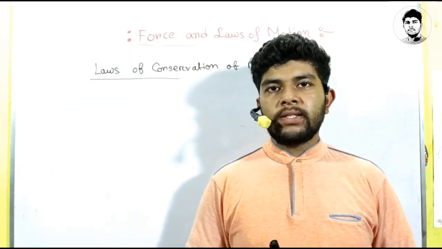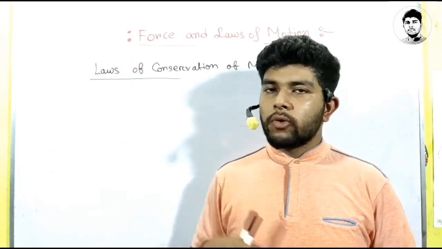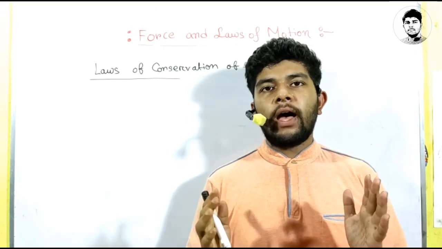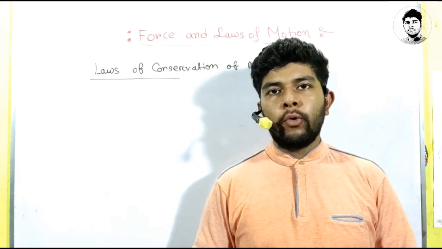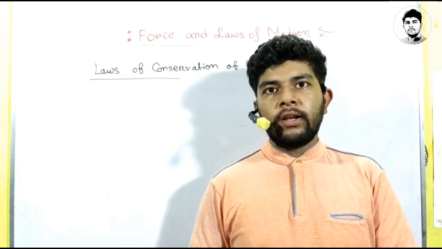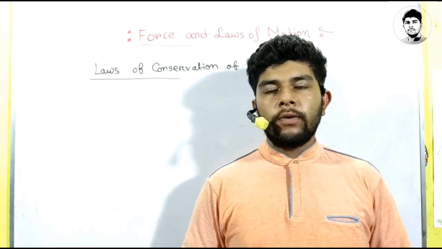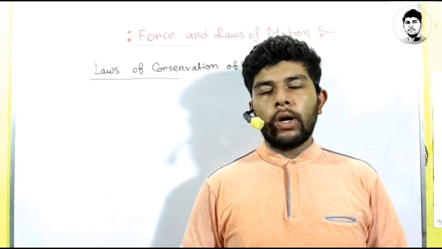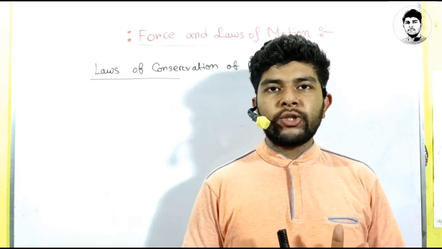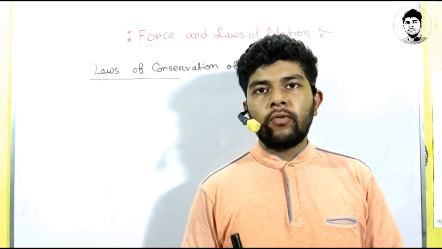So students, let's see an example by which you can understand the law of conservation of momentum. Suppose you have a rubber balloon, and if you blow air into it, it gets inflated. If we release the air from the inflated balloon, what will happen? It will move in the direction opposite to that of the flow of air.